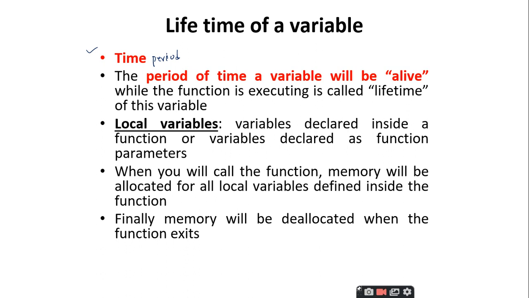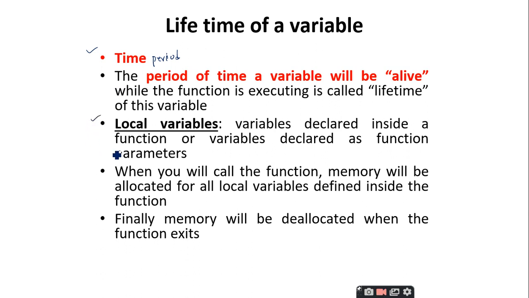Without having a live variable, you cannot access it. So simply remember that the lifetime of a variable specifies the time period where it is alive, where you can access the value in that particular variable, right?